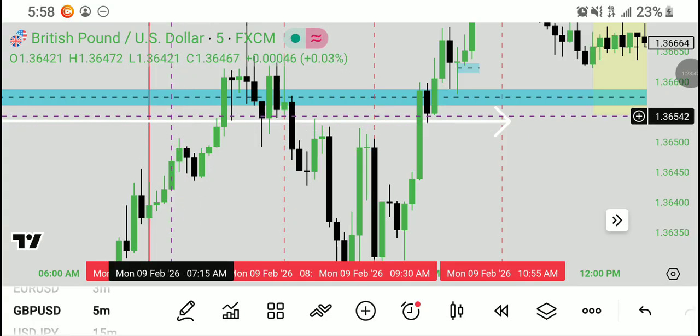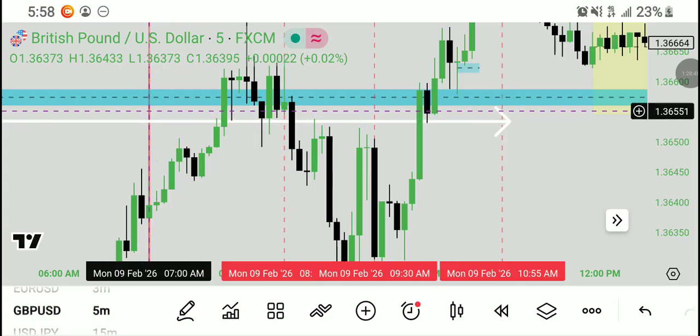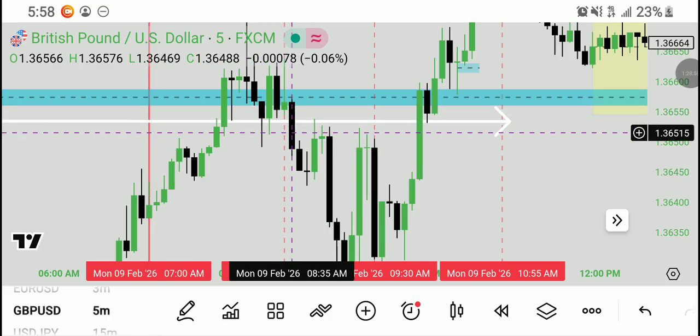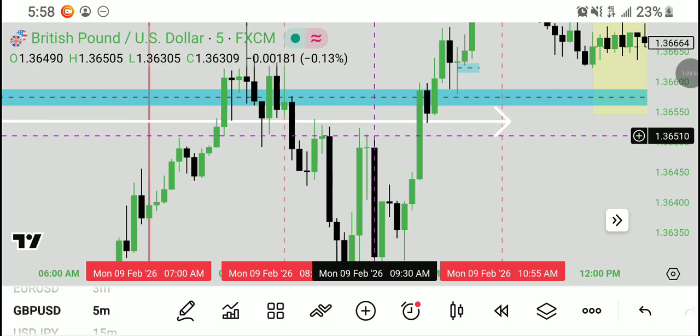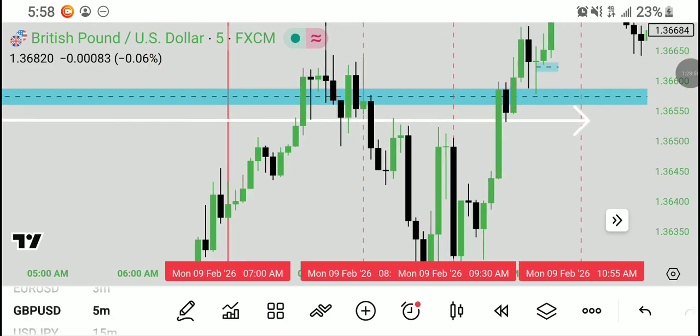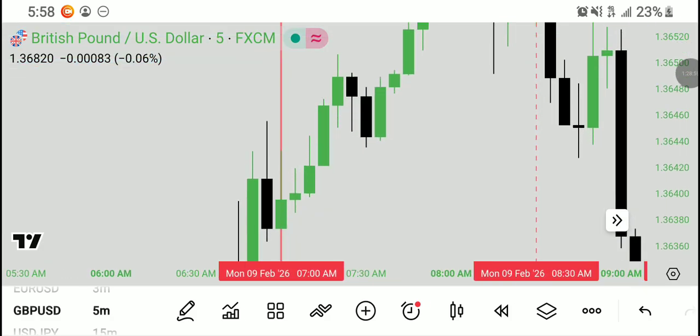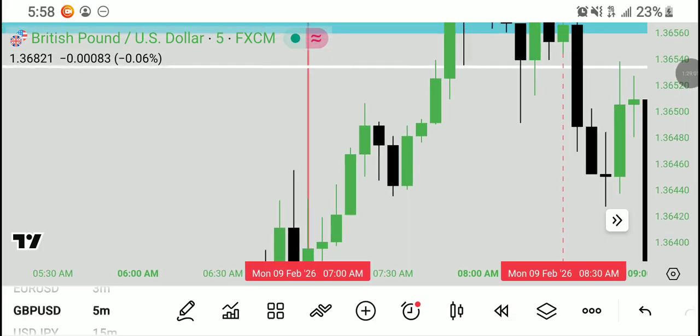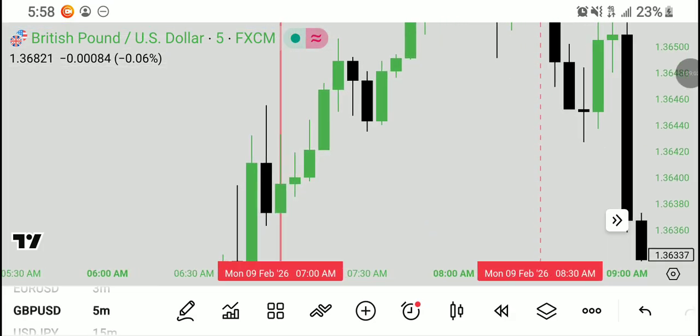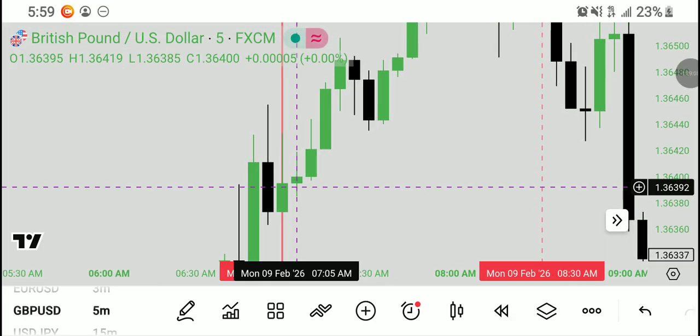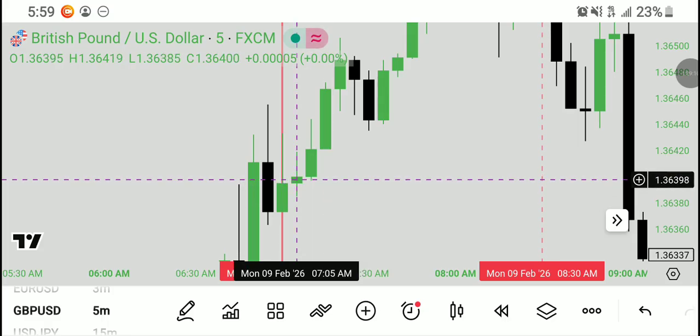You look for entry from 7 o'clock, you look for entry at 8:30, then you look for entry at 9:30, when the market was here at 7 o'clock a.m. So every time at 7 o'clock, try to look for a relative equal high or relative equal low that the market is going to take out.